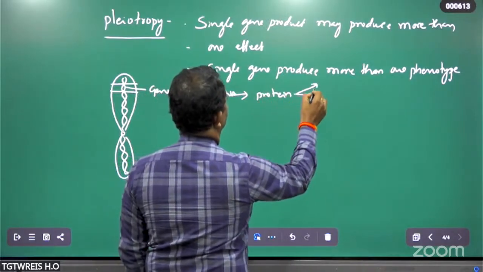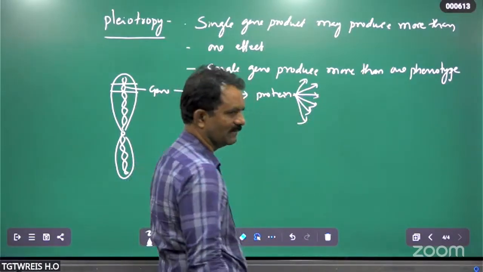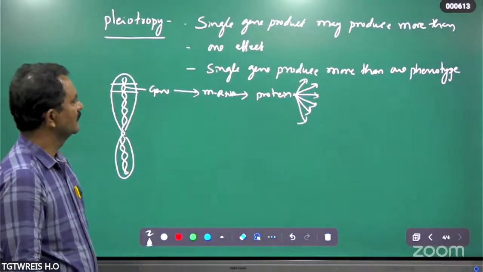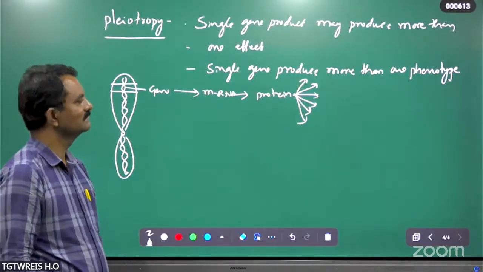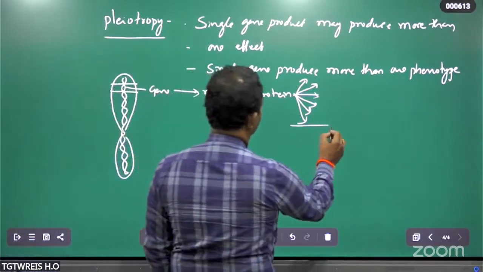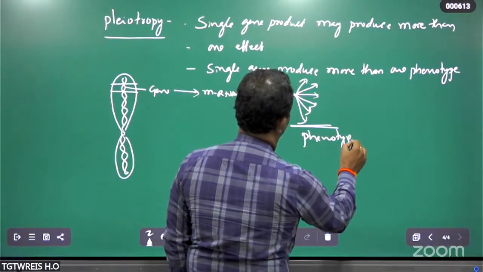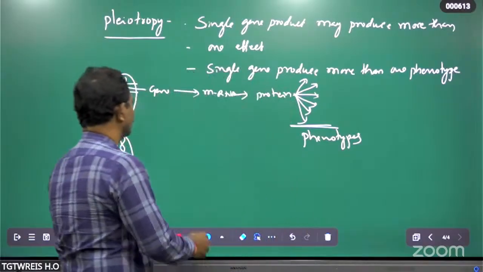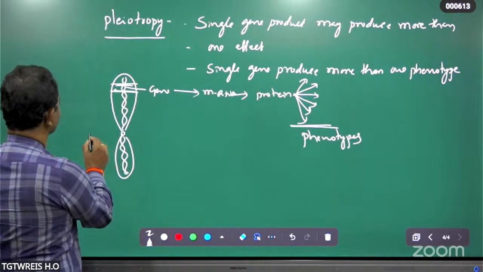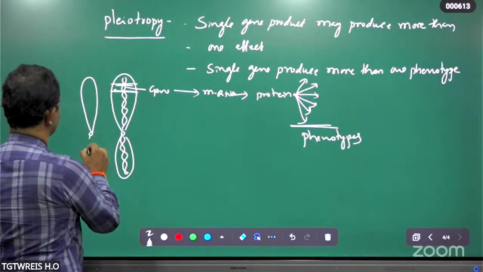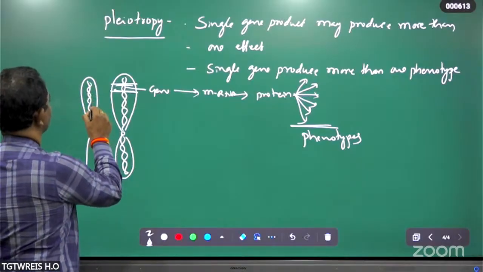Protein may become multiple enzymes, hormones, receptors, antibodies, antigens. So everything is the product of a protein. So these we can see. These are the phenotypes. This is the genotype. But we are diploid, we have two chromosomes for each character.